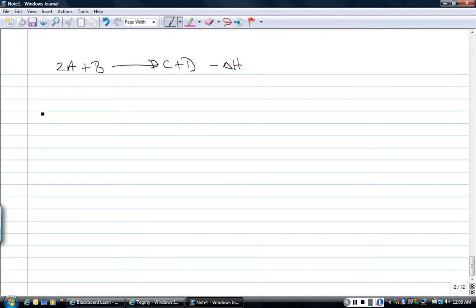So let's say one lab somewhere in Germany says that the mechanism, let's call it mechanism 1, is that 2 A's come together.